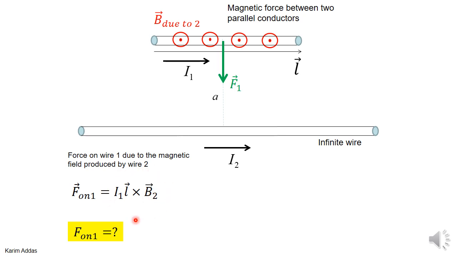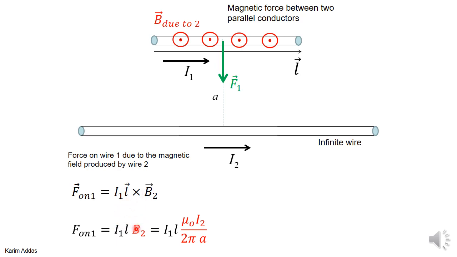So what's the magnitude of the force? The magnitude of the force is I1, the magnitude of L, the magnitude of B2, times sine of the angle between them. What's the angle between the L vector and the magnetic field vector, which is perpendicular to the page, coming out of the board? So the angle is 90 degrees. Sine 90 is just 1, so you just get I1 L B2.